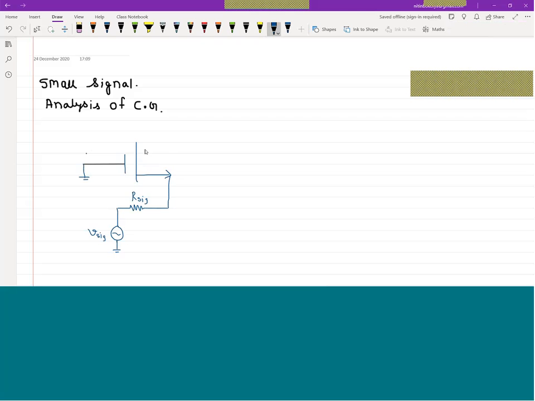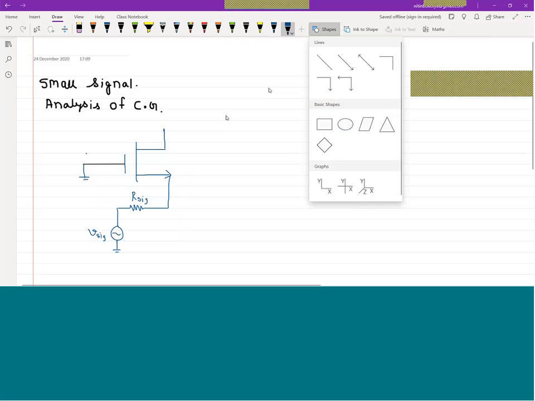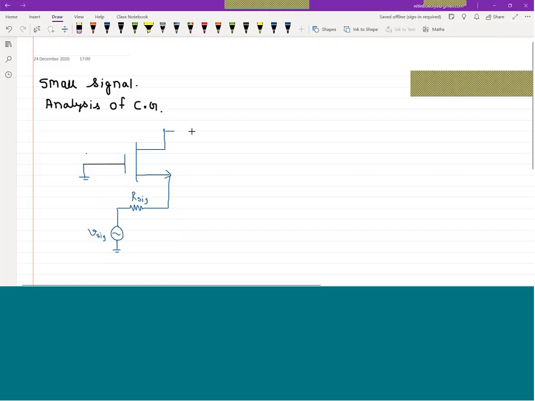Then we are having one output RD. This is V out.